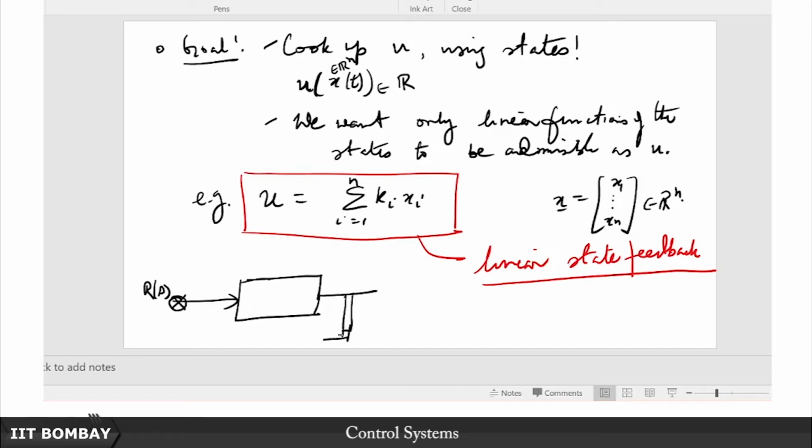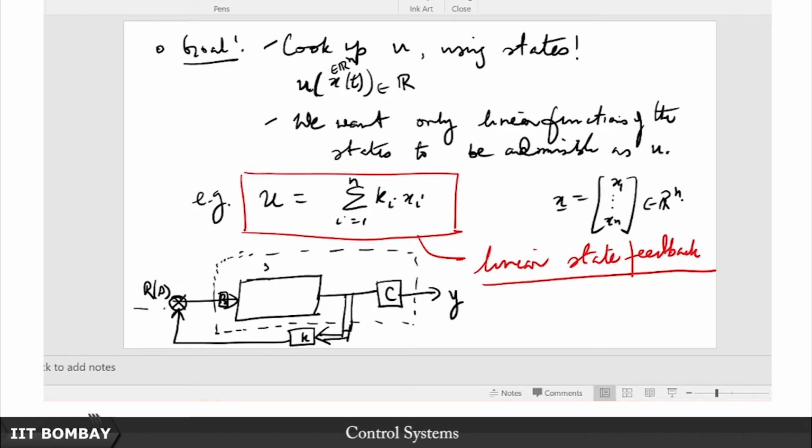Then there is this K, so this double line is basically a vector of states, and then there is this matrix which spits out this u. Of course I have a B sitting here as well, but that is alright. So this is my overall system after the control action.